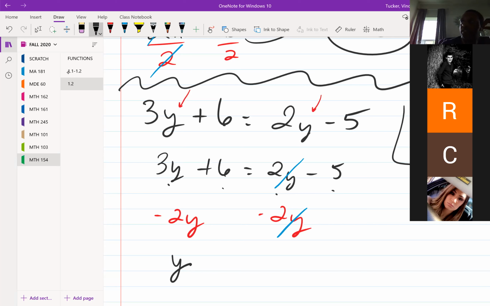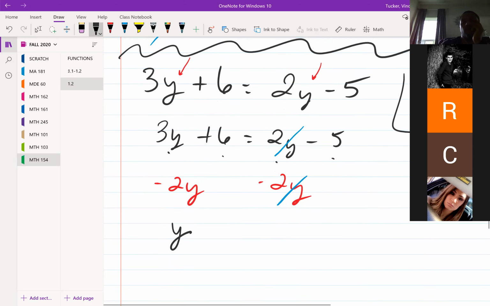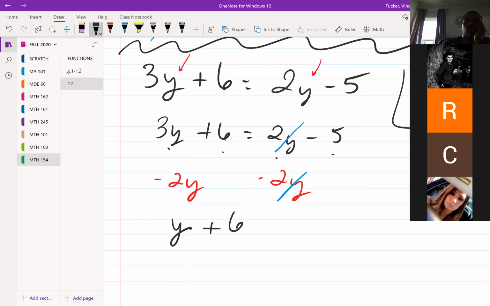Any number that's sitting by itself, they assume there's a 1 sitting in front of it. So that's 3y minus 2y, which is 1y, plus 6 equal to negative 5. Now subtract 6. Y is equal to negative 11.